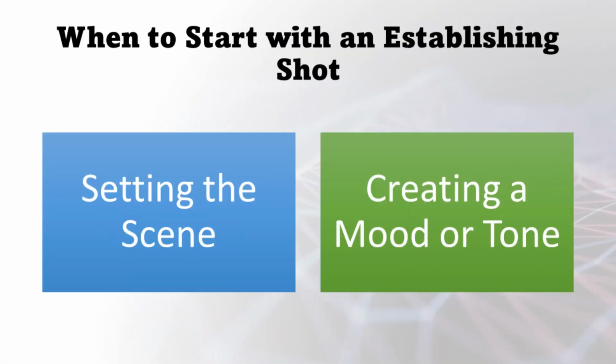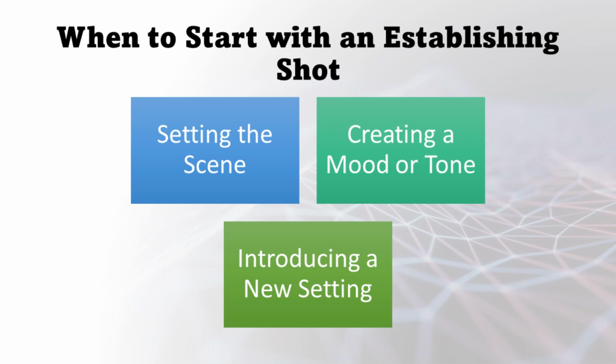2. When creating a mood and tone. If you want to evoke a specific mood or tone, be it eerie, romantic, tense, or otherwise, an establishing shot can do a lot of the heavy lifting. 3. When introducing a new setting. When a new chapter or section of a book shifts to a different setting, an establishing shot can help orient the reader. 4.